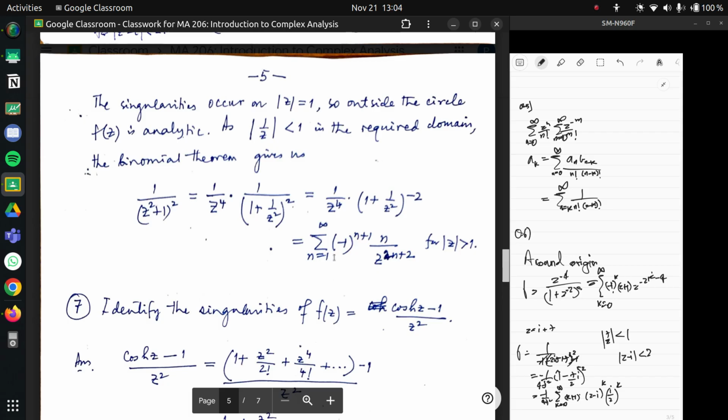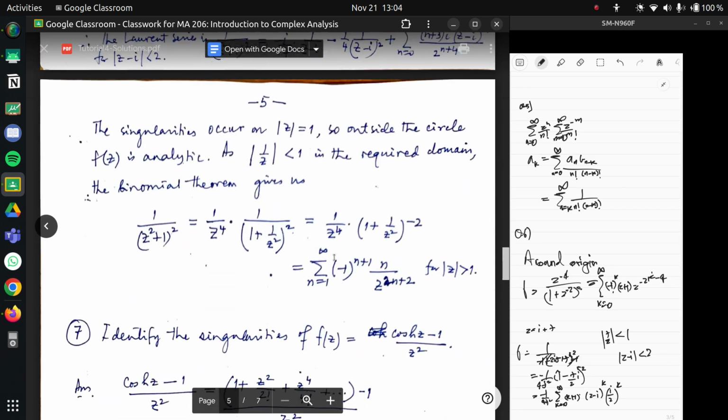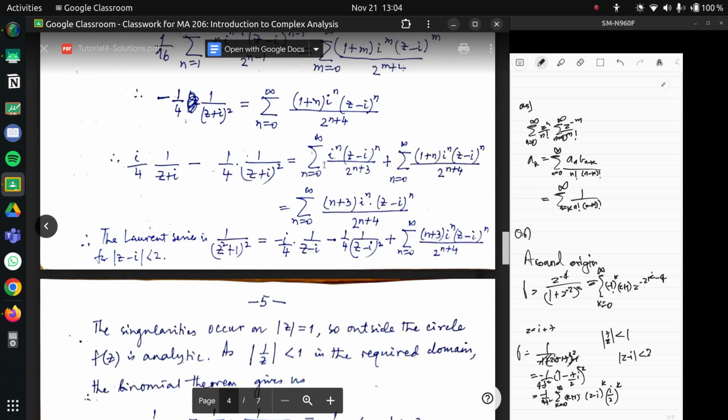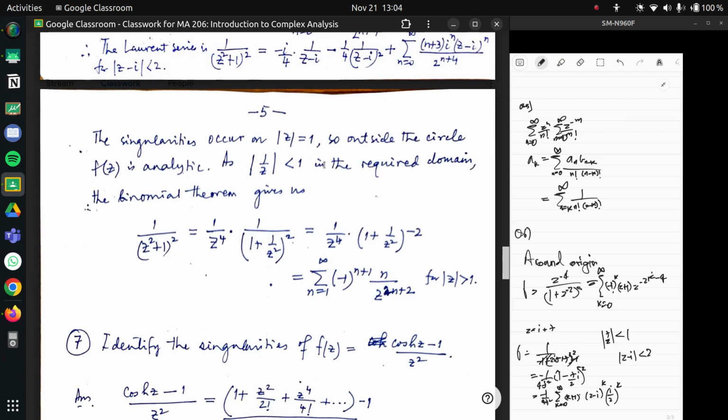Okay, let's. So for inside you have an expansion, and for outside you too have an expansion. Interesting.